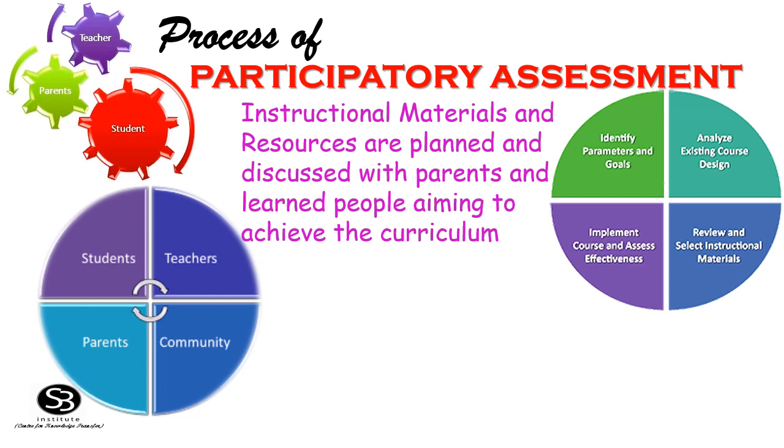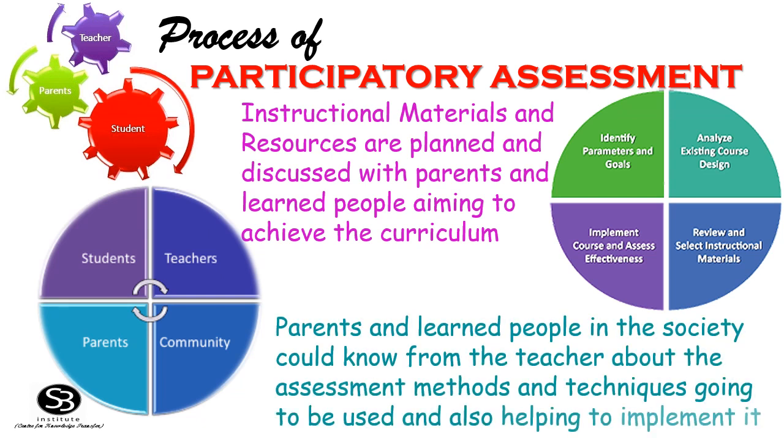Second one, the teacher makes sure that parents and learned people get to know about assessment methods and techniques which are going to be used in the learning process, and also they can suggest some helpful measures in implementing them.